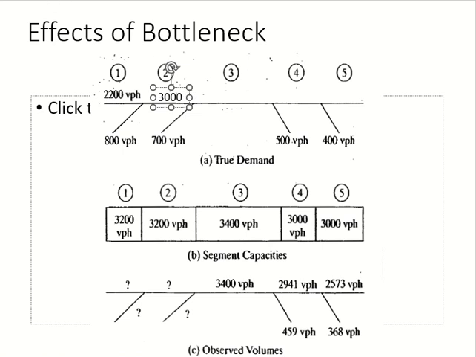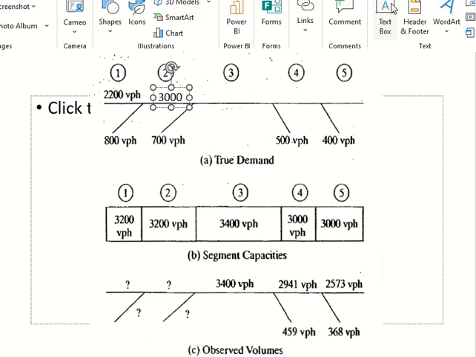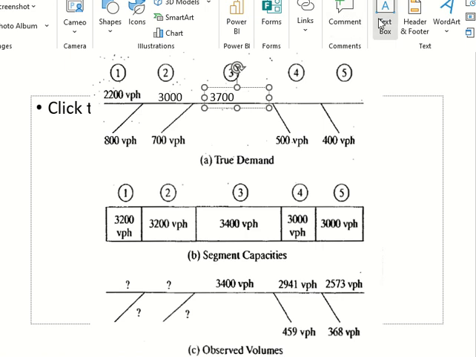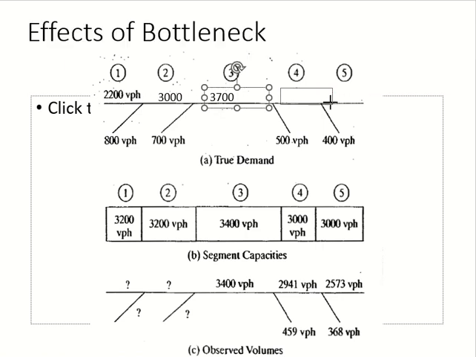We will do the same thing for the next segment. 3,700. You already have 3,000 and then 700 entering. Next one. How did you get 3,200?